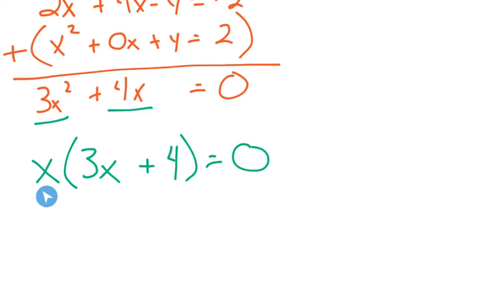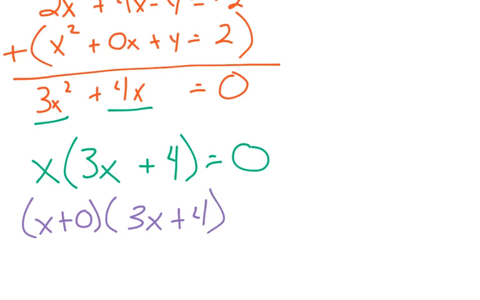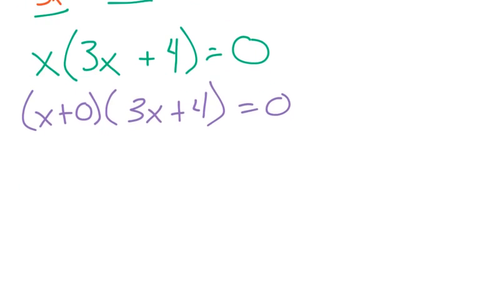Now, this is a factor. This is also a factor. This is already factored. We do not need to do any extra work, because this is kind of like x plus 0 times 3x plus 4. So the only way to make this 0 is if x was equal to 0.